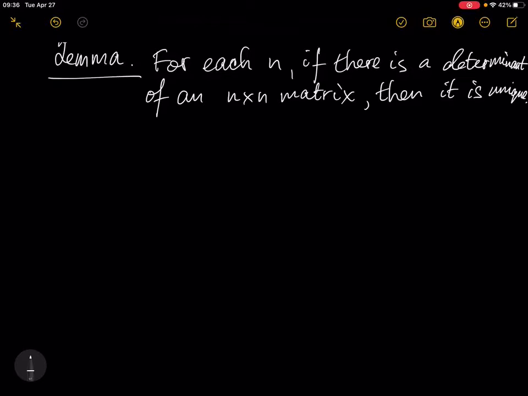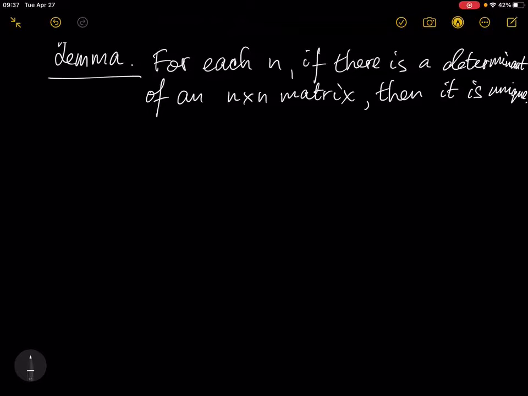And also the determinant of the identity matrix is 1. So if you introduce a function which satisfies these requirements, then this function is unique. It doesn't matter how you introduce it; all these different definitions will give you the same result.